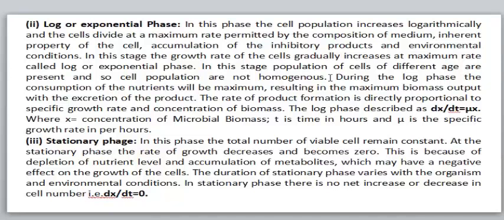Here the equation is dx/dt = ux. It's actually the rate. What is rate? Rate is the rate of formation of the product, where x is the concentration of microbial biomass, t is time, u is specific growth rate. There are different growth rates for different microbes. It's not constant. It depends on their environmental conditions.